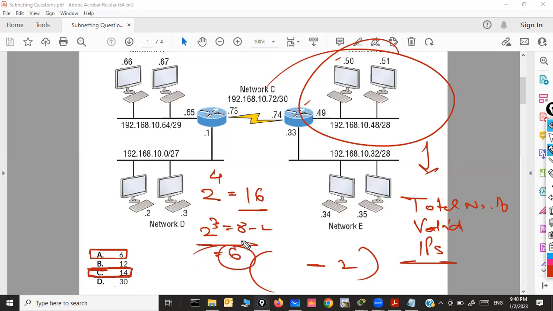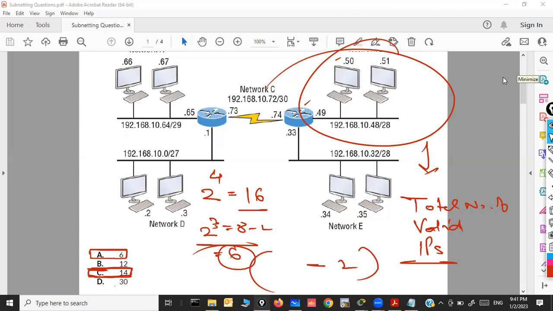But now see, the number of host bits is equal to 4 or 3? First, the mask is /28 here, right? So would the host bits be 3 or 4? Rashid, I think, answered 14, right? Yes. Okay.